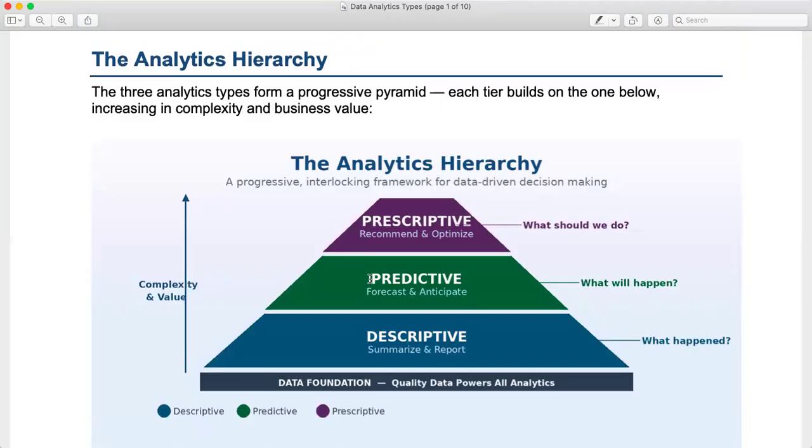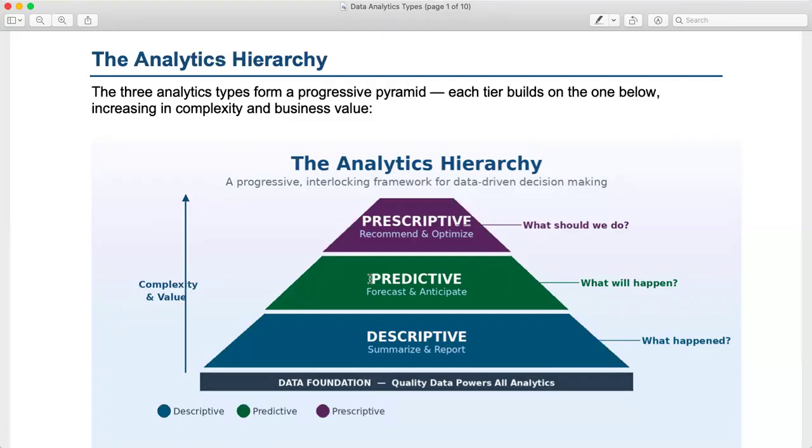If we look at the analytics hierarchy, this is how it looks. At the bottom of this whole process, the process starts with descriptive analytics, and then comes predictive analytics, which builds on top of descriptive analytics, and then comes prescriptive analytics.